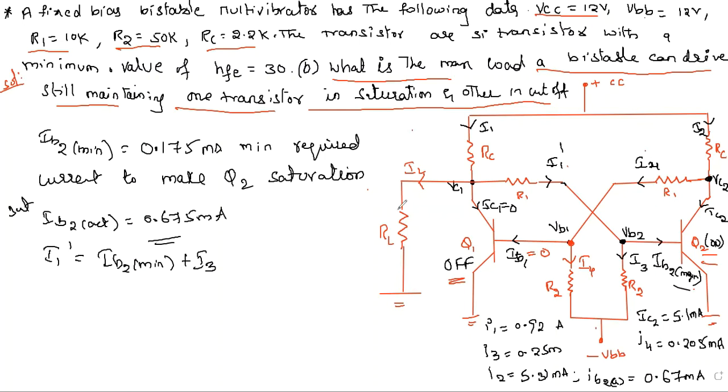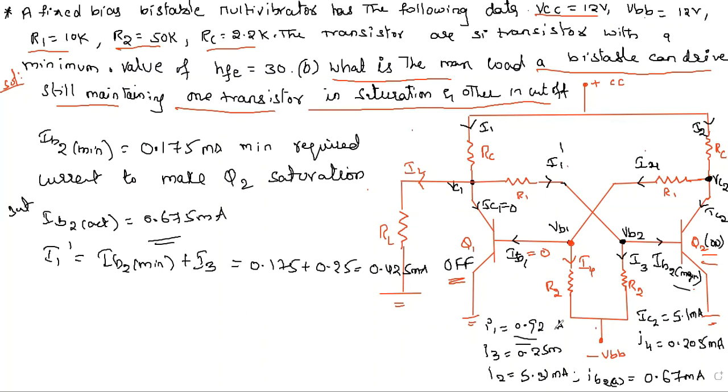Because I attached a load without altering the state of this transistor, I want to drive this load. So I make the current entering Q2 equal to IB2 minimum, and I call the resulting current I1 dash. IB2 minimum is 0.175 plus I3 is 0.25, which we already calculated, so the current is approximately 0.425 milliamps.